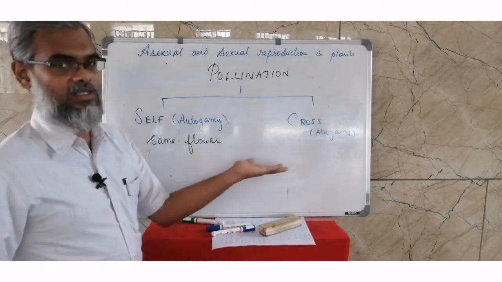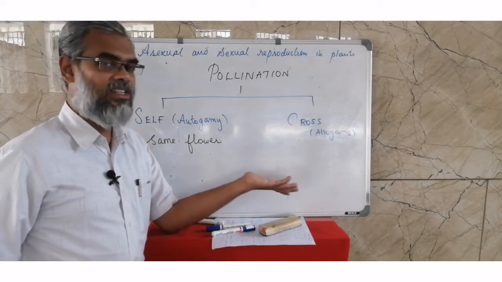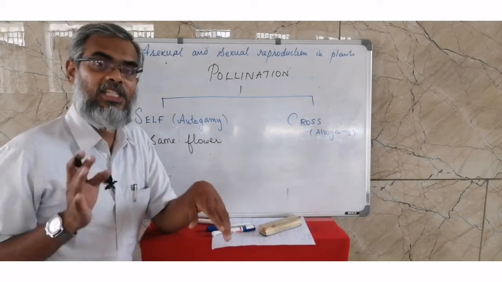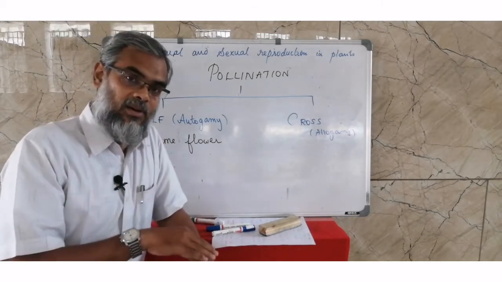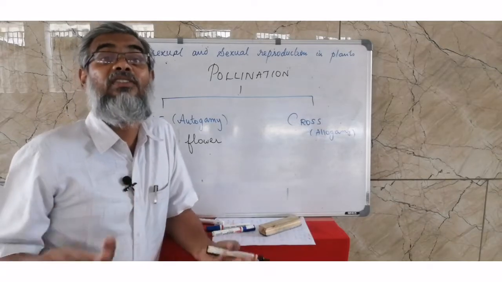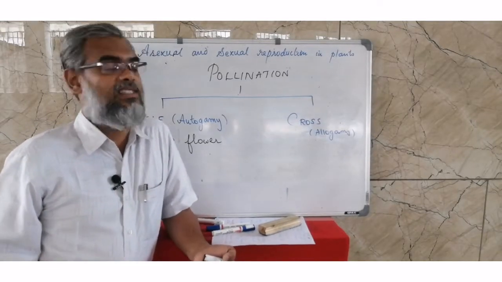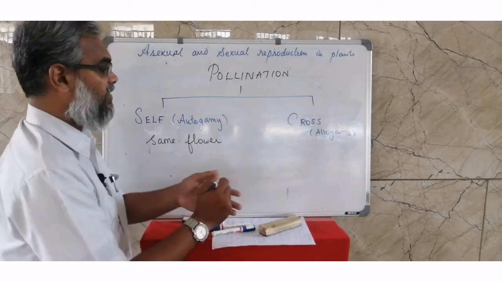Hope we know what is cross-pollination, isn't it? It is the pollination occurring between the pollen grain and stigma of different flowers. Here same flower, there different flowers.